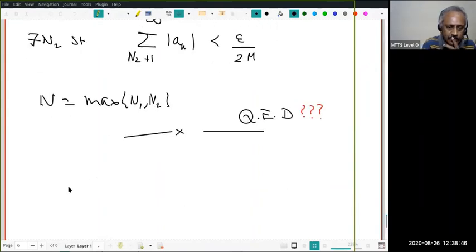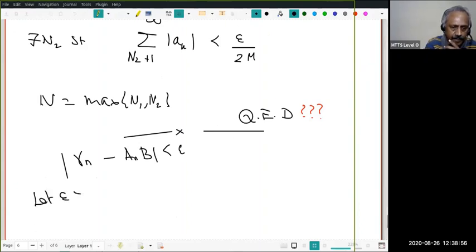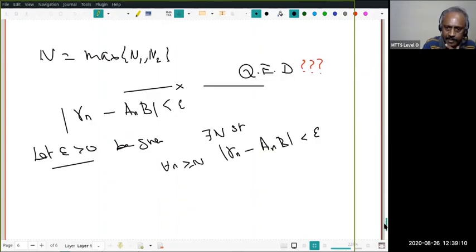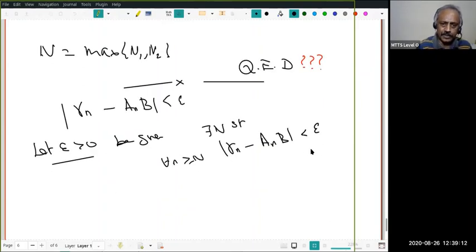What do I want to show? I want to show mod gamma n minus AB is less than epsilon. So let epsilon be given. Okay. Then I want to say there is a capital N, so that for all n greater than or equal to capital N, mod gamma n minus AB is less than epsilon. Okay, if you want AB, again I have to do epsilon by 2 and so on.